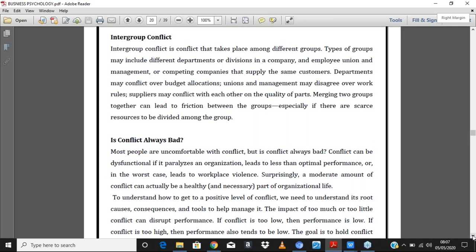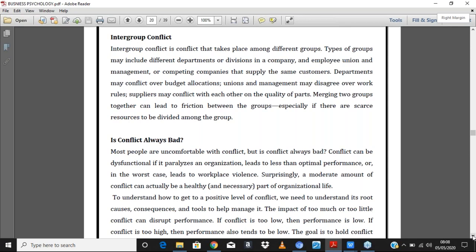Intergroup conflict is conflict that takes place among different groups, two or more groups of people. These types of group may include different departments or divisions in a company. It can be an employee union and management. It can be ASUU and the federal government, and all of that. Departments may conflict over budget, unions, and disagreement.